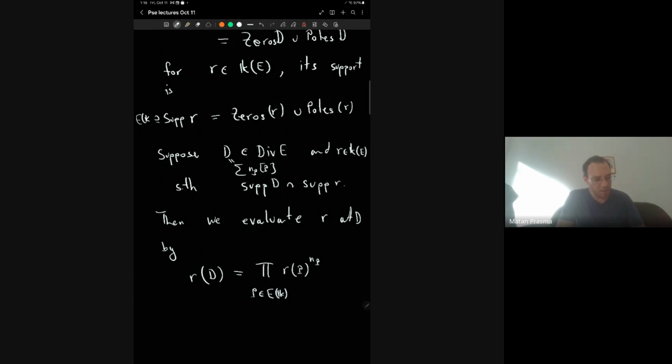This is a finite product because in D there are only finitely many points P for which n_P is non-zero, and R cannot become zero or infinity at any point in the support of D. Whenever P is not in the support of D, n_P is zero, and we know R(P) is finite and non-zero, so something finite and non-zero to the power of 0 is 1.